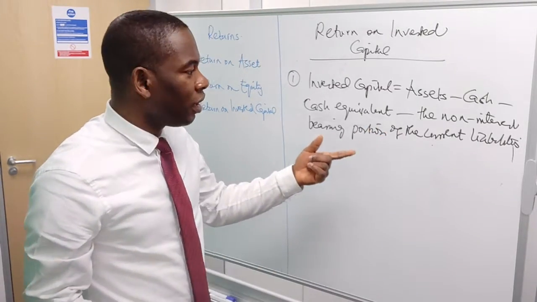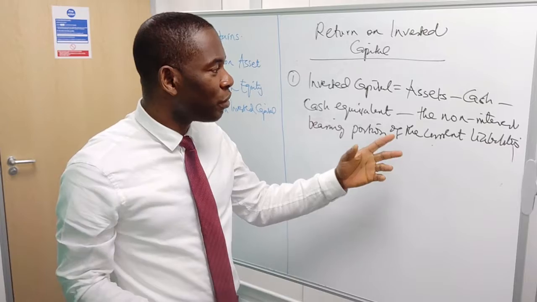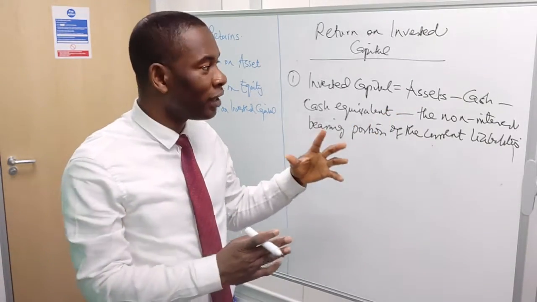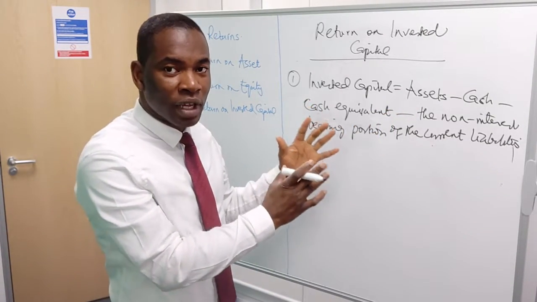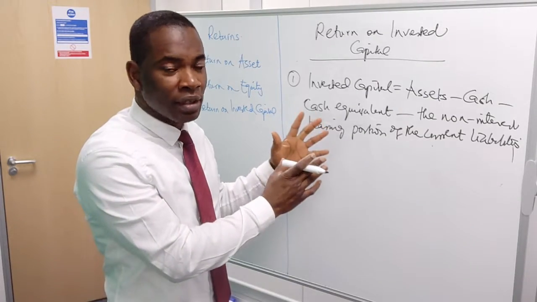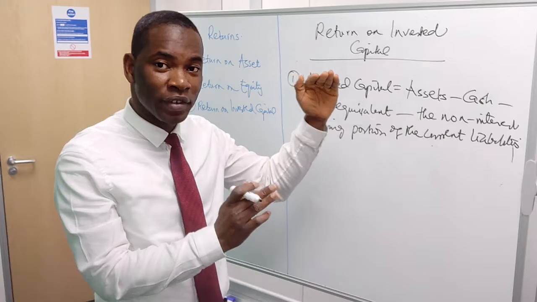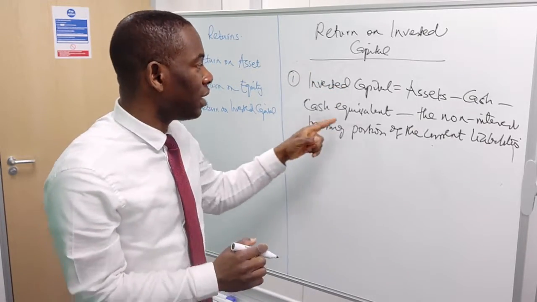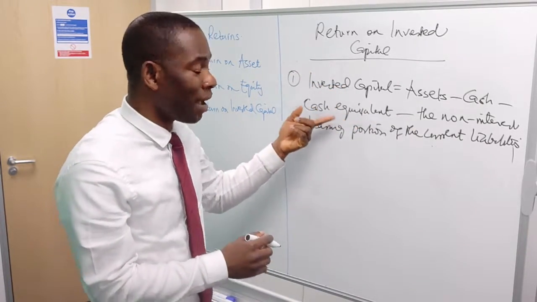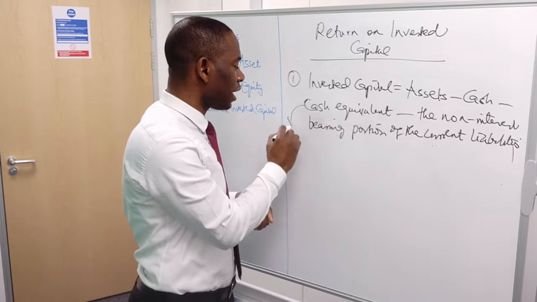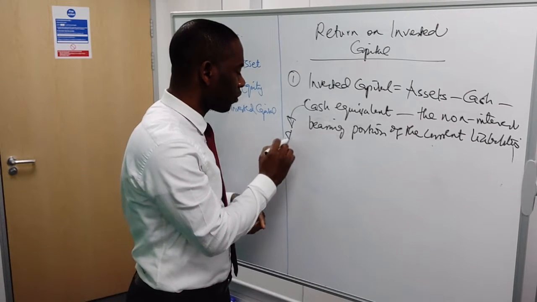So invested capital becomes asset, which you find from the total asset of the asset side of balance sheet. Then the cash that is sitting there at the very top of the asset. Then these cash equivalents are mostly short-term investments.